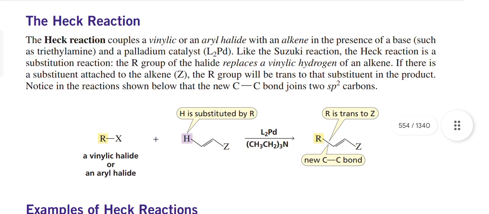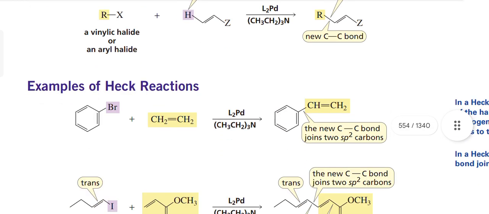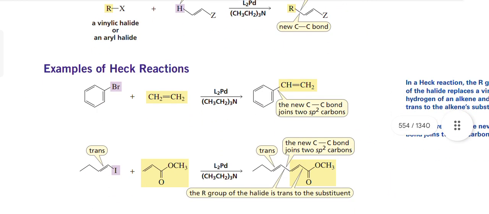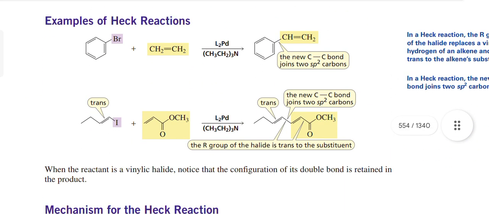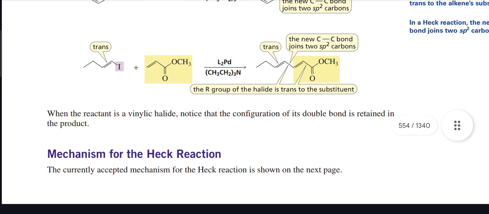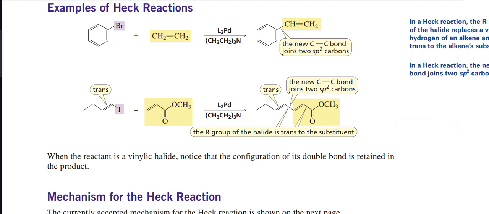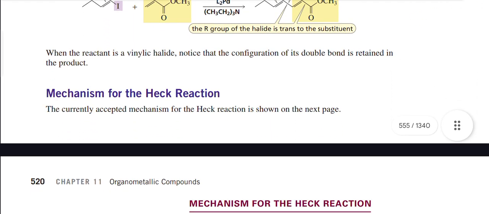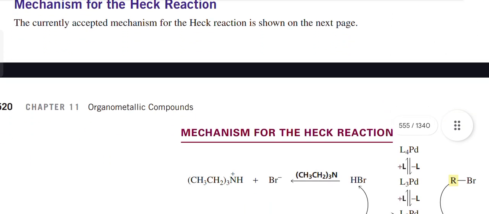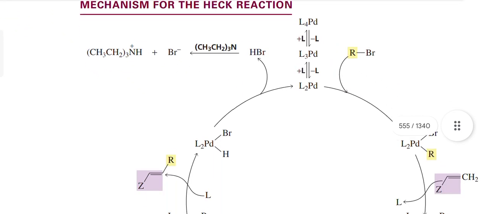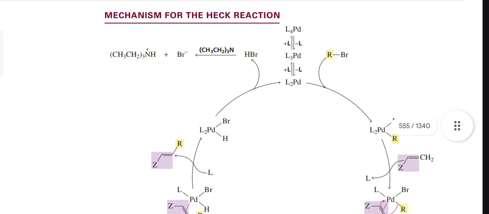So this is the reaction given over here. Now I am going to read the mechanism of the Heck reaction. This is an example of a Heck reaction. So this is the mechanism for the Heck reaction.